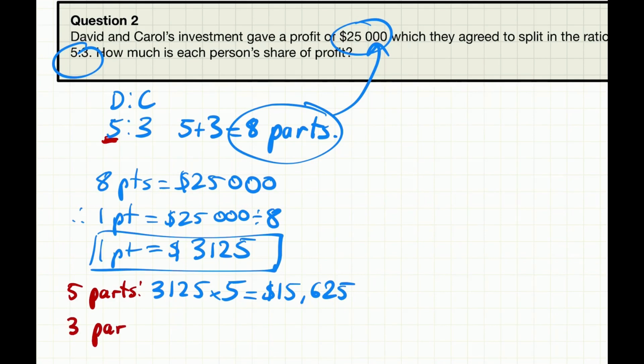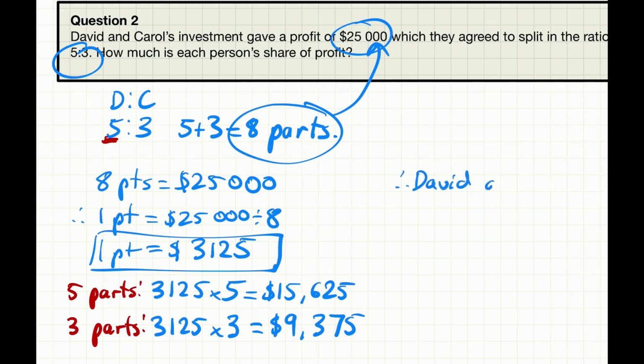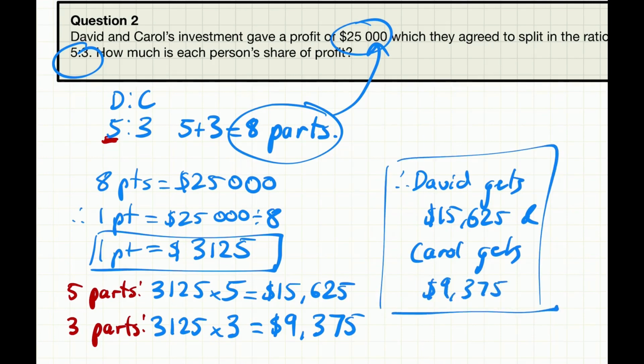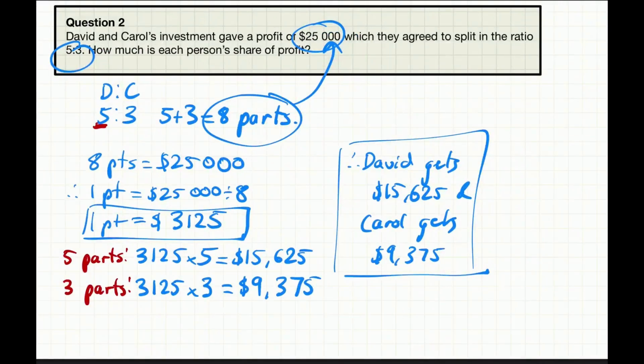For 3 parts, we take 3,125, how much one part is worth, multiplied by 3, and our answer is 9,375. So we can conclude that David gets $15,625 and Carol gets $9,375.